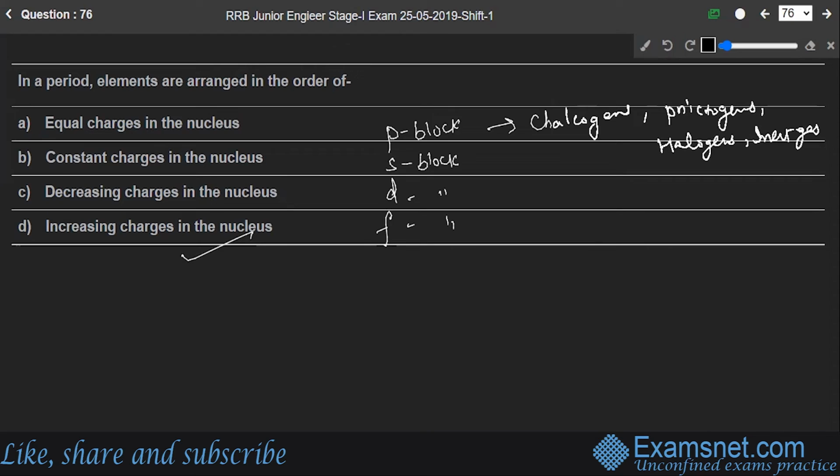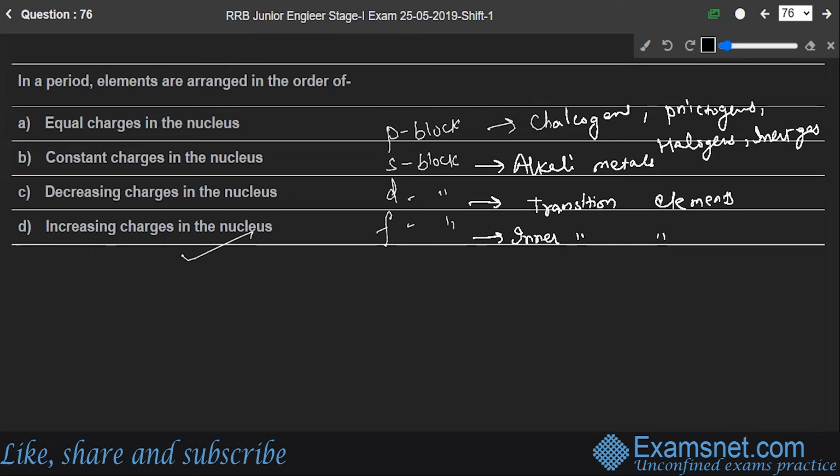S block had your alkali metals, alkaline earth metals. D block, transition elements. F block, inner transition elements.